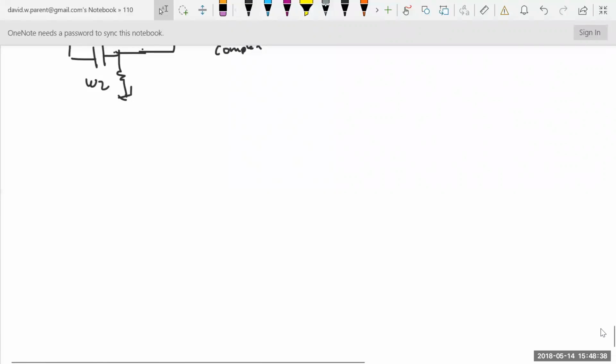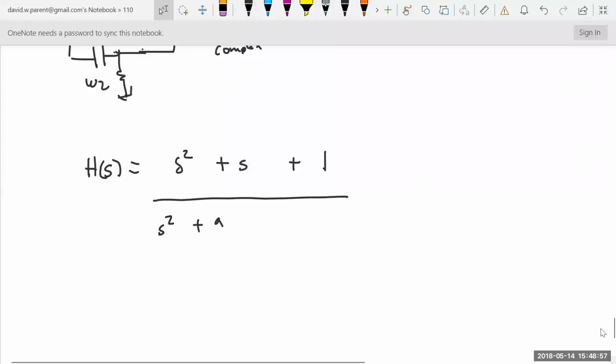Now, let's see. This would be a generic differential equation transfer where I have a numerator and a denominator, right?